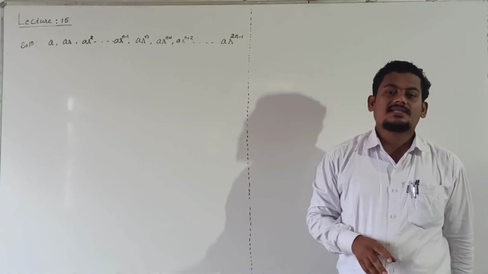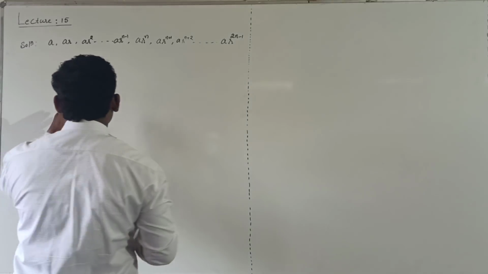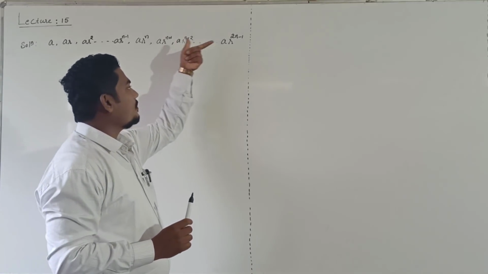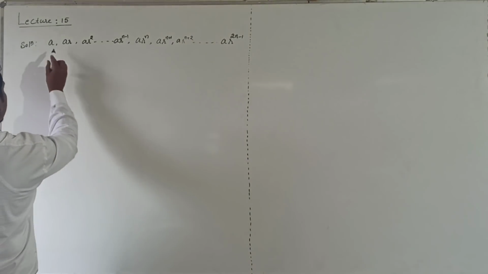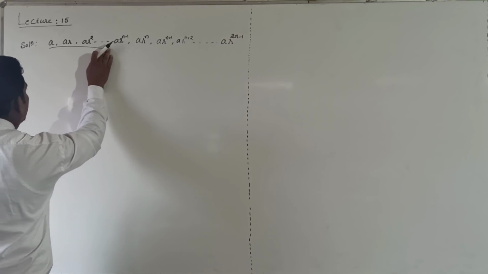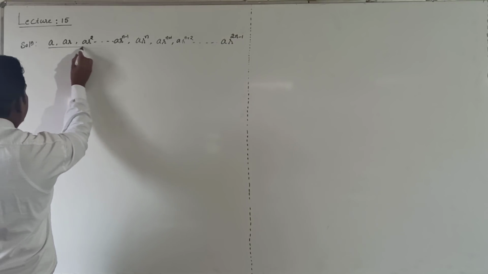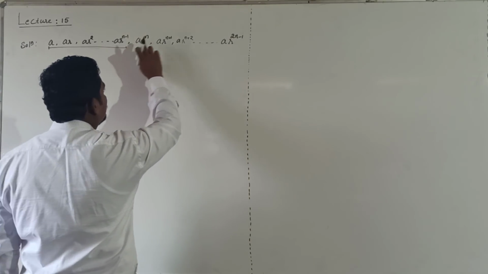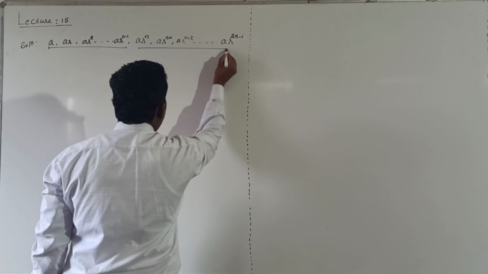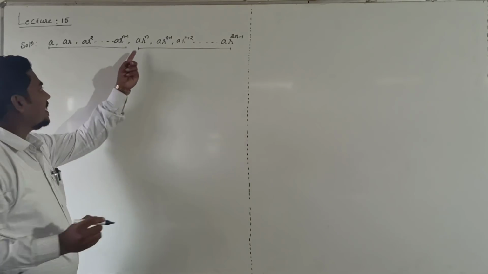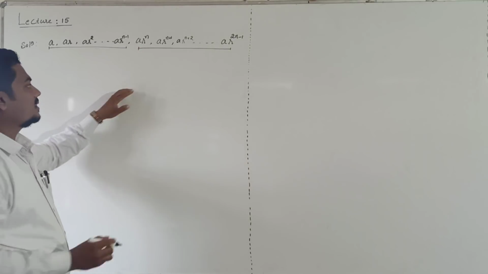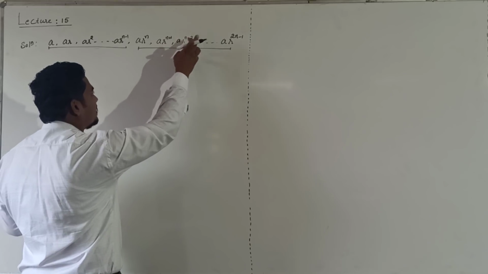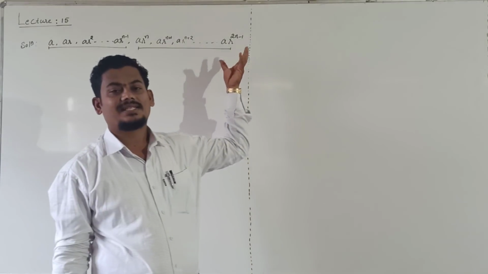Now we need the ratio of the sum of first n terms to the sum of the terms from n plus 1 to 2n. This is our n plus 1th term, n plus 2th term, n plus 3th term and so on, up to the 2nth term.